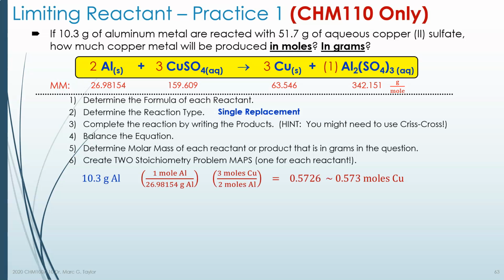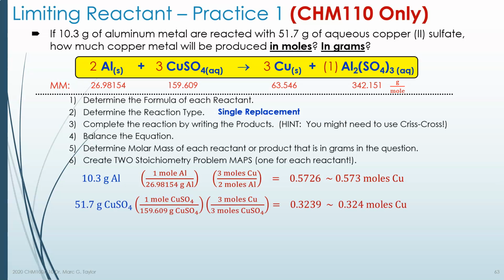We start with aluminum. We turn aluminum grams to aluminum moles. We turn moles of aluminum to moles of copper, and we get 0.5726 or 0.573 moles of copper. If we start with copper sulfate, we get only 0.324 moles of copper. So clearly, 0.324 moles of copper is less than 0.573 moles of copper.